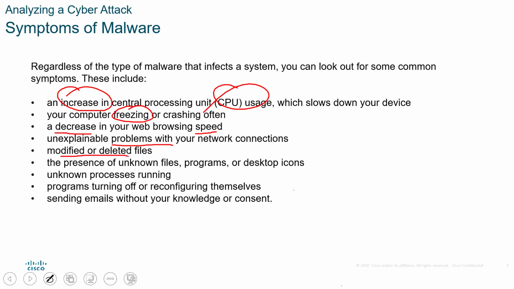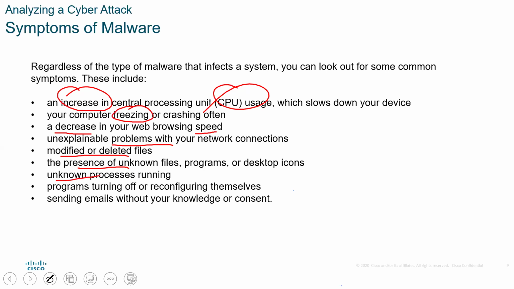Then the presence of unknown files and programs. When you see some files that you don't know, or programs that you did not install, there's a problem. When you also observe unknown processes running, when you go to your processor and you begin to see processes that you are not aware of, you know that there is a problem.